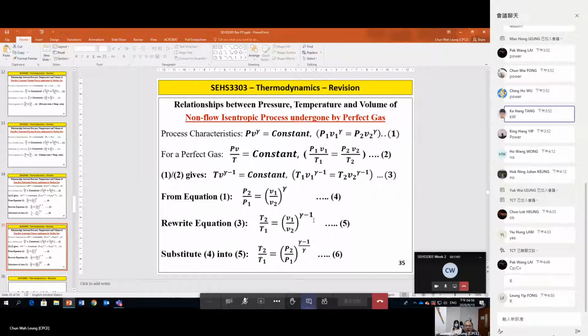And we can rewrite it as T1 V1 to the power gamma minus 1 equals T2 V2 to the power gamma minus 1.